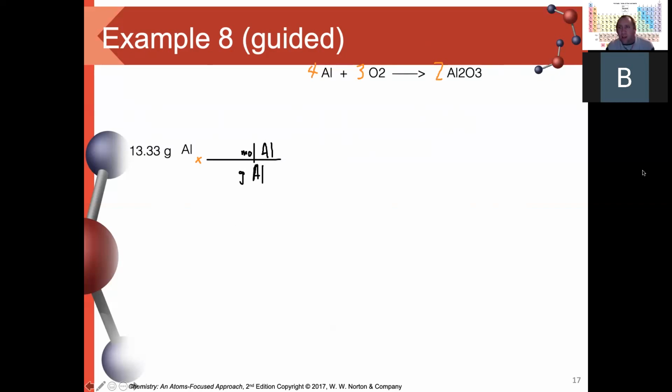Now, where would I get that information to make this conversion? The periodic table. Yes, thank you. So this is where the periodic table is going to come in. 1 mole of aluminum, for aluminum's molar mass, is 26.98 grams.